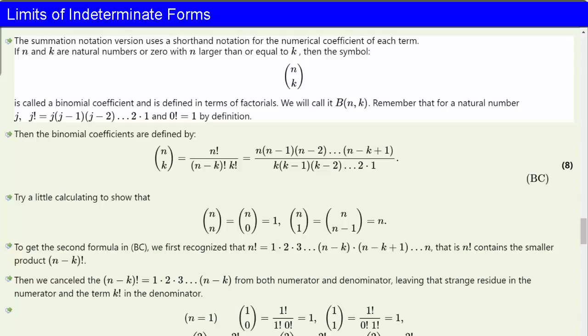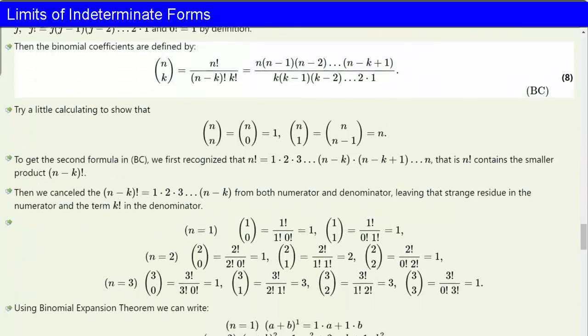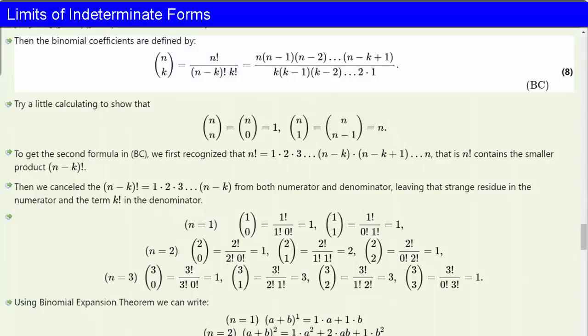In plain English, j factorial is the product of all natural numbers from 1 to j. Keep in mind that 0 factorial is 1. Then the binomial coefficients are defined by b of n,k equals n factorial divided by the product of k factorial and n minus k factorial.